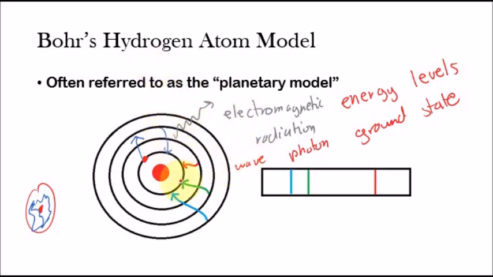The energy differences between each energy level are different. Let's say an electron goes to the second energy level from the first and then comes back down. It's going to release not as much energy as when it goes to, let's say, the fourth energy level and then comes back down.